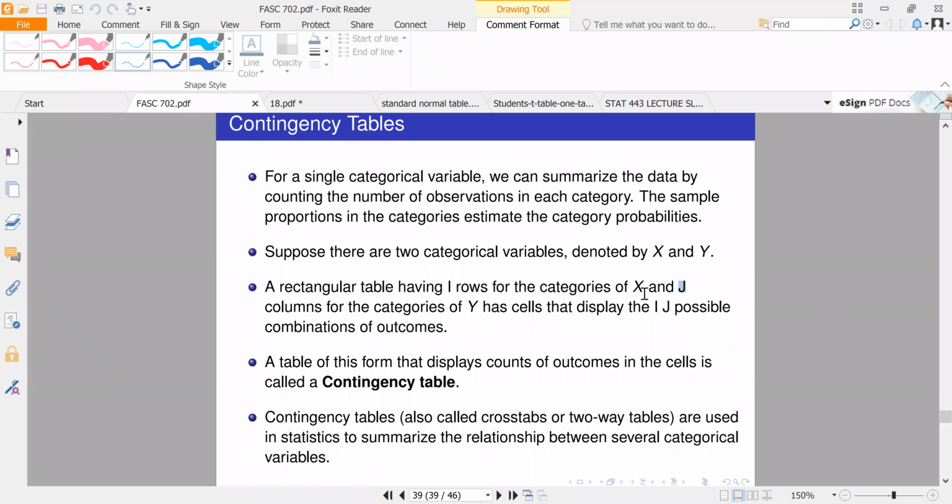And then in each cell of that table, you'll be able to have the correct data. It means that the cells are going to display all the possible combinations.